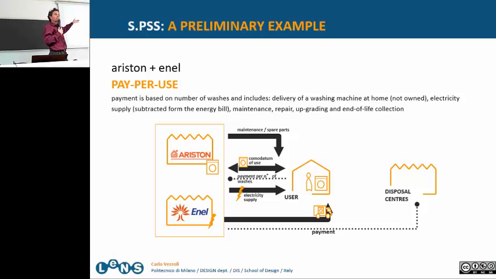The maintenance and repair is included in that price. Substitution, if needed, and the supply of the washing machine, and the end of life, when the washing machine is not used anymore, is taken back by the producer or the supplier of the service, the joint venture.